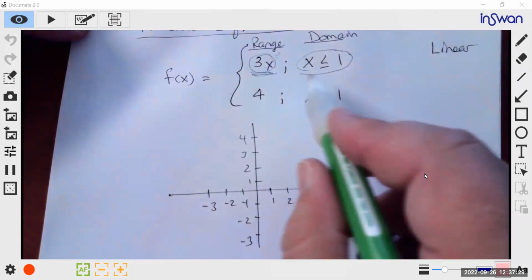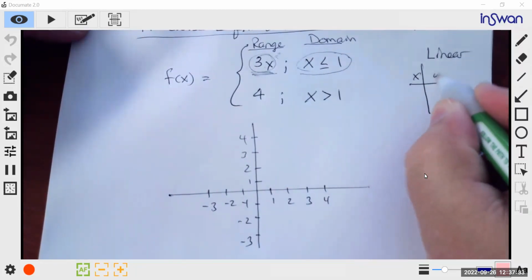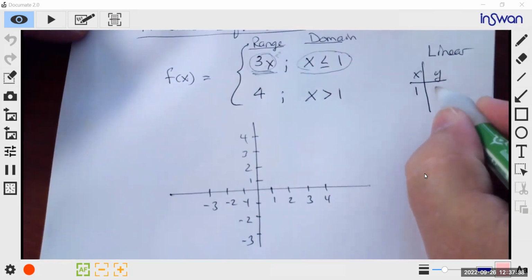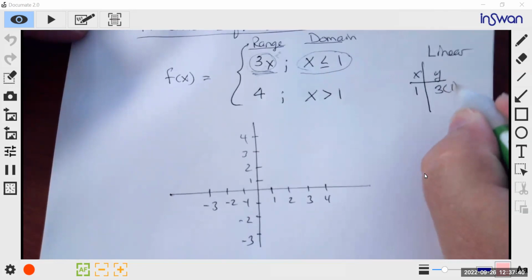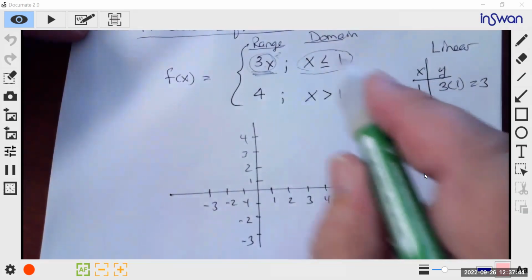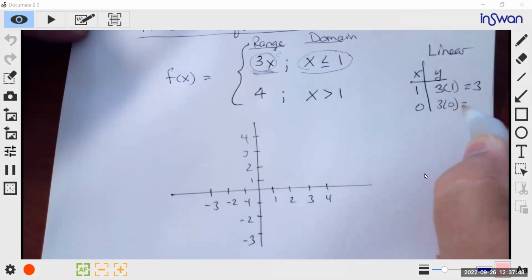So since it's a line, let's say when x is 1, y is 3. 3 times 1 is 3. When x is, we have to go less than, so when x is 0, 3 times 0 is 0.